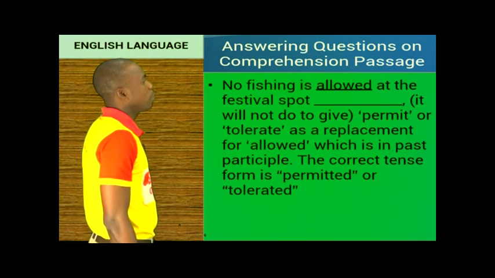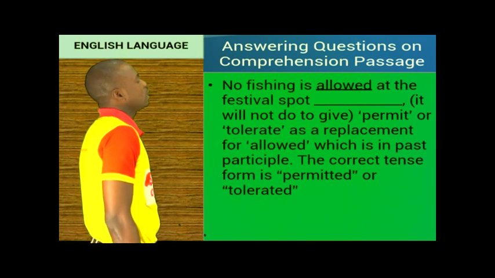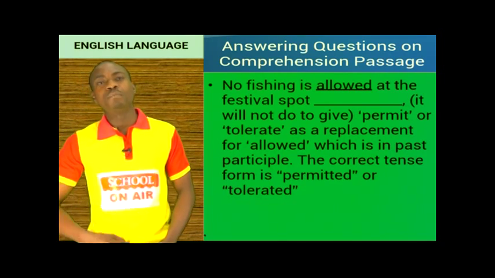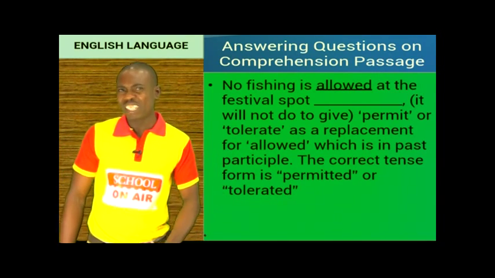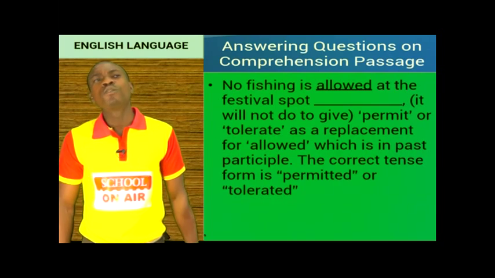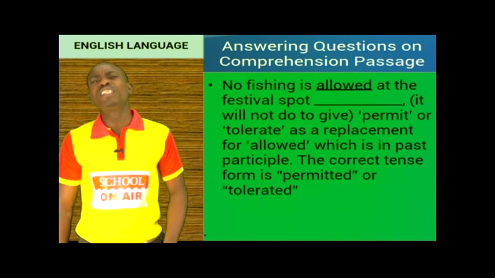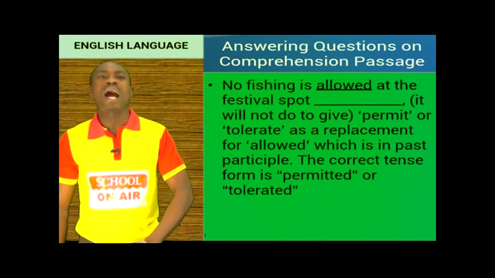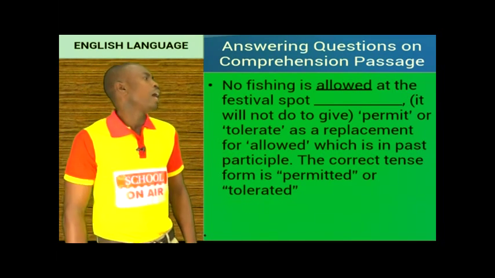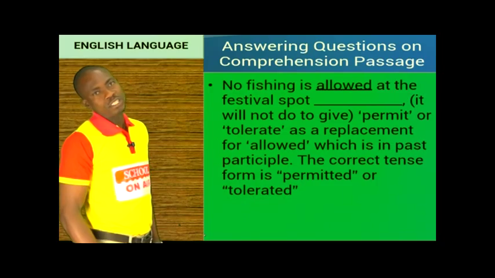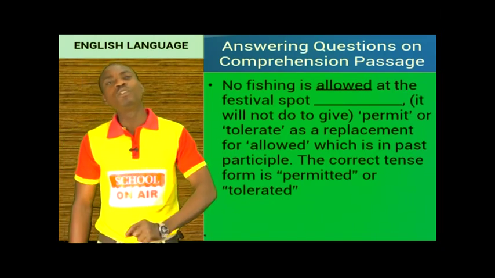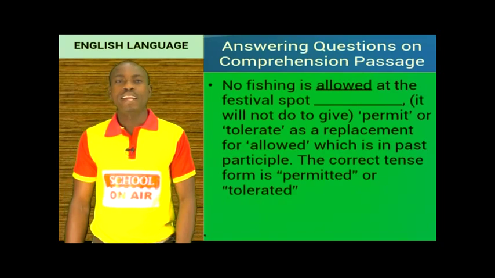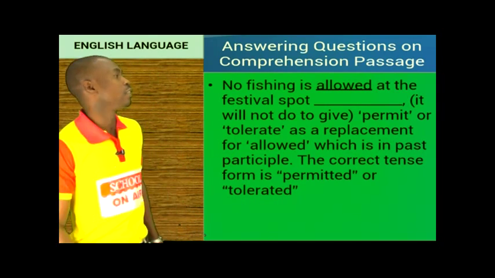To answer this, it will be very wrong to give the word permit in replace of the word allowed, which is in past tense form. So the answer to be used will be allowed and not allow. Another word we have there is tolerated. It will be very wrong to use tolerate to replace allowed in English language and in any text like this.